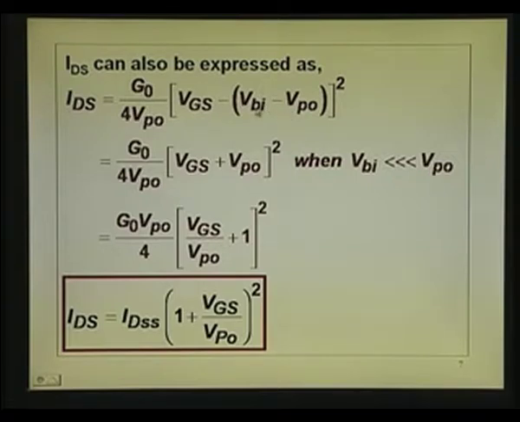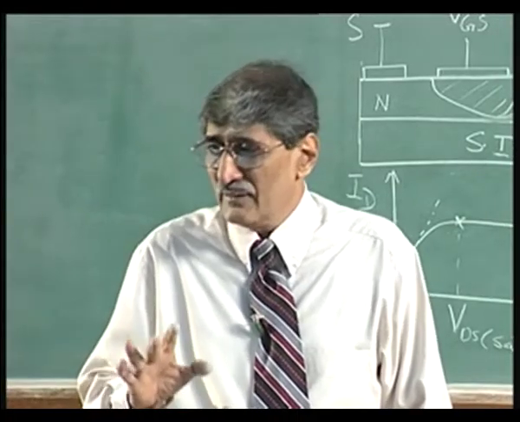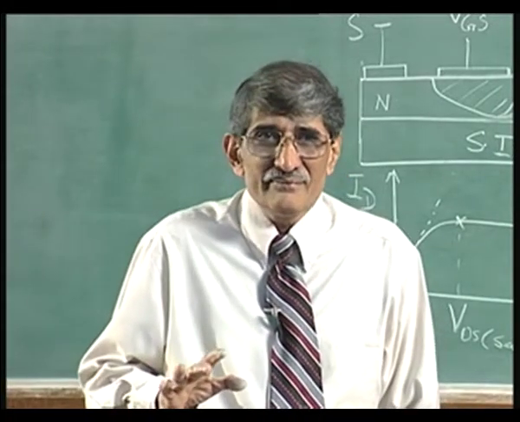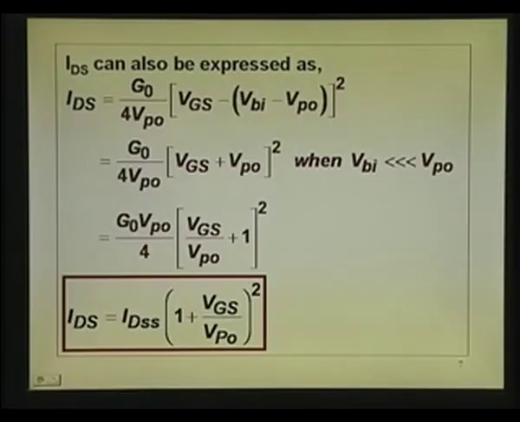I can remove it if it is small compared to Vp0. If VBI is about 0.6, 0.7 or 0.8 volts, and Vp0 is 3 to 4 volts, then I can neglect it with fair accuracy and less error. I am just trying to see under what conditions you get the Millman and Halkias formula. It is the same square law. So I neglect this, and I get (VGS plus Vp0) square.